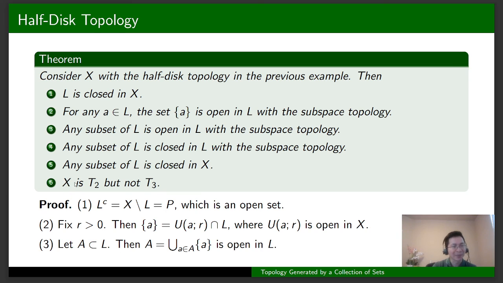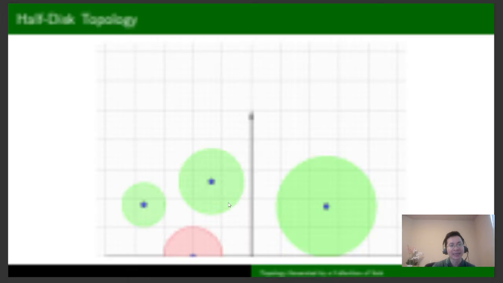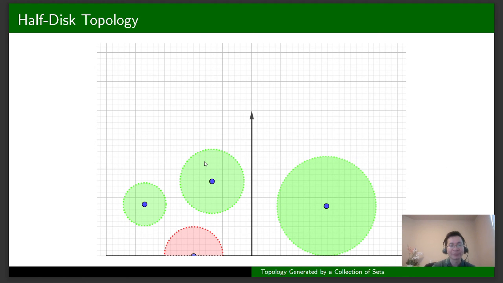The sixth property is very interesting. X is T2 but not T3. We are going to sketch the proof of this theorem. How to show that L is closed in X? We take the complement of L in X, which is P, the positive upper half plane, and we can show that it is an open set because if we take any x in the upper half plane, then there is an open ball in the positive upper half plane, and that ball contains x.